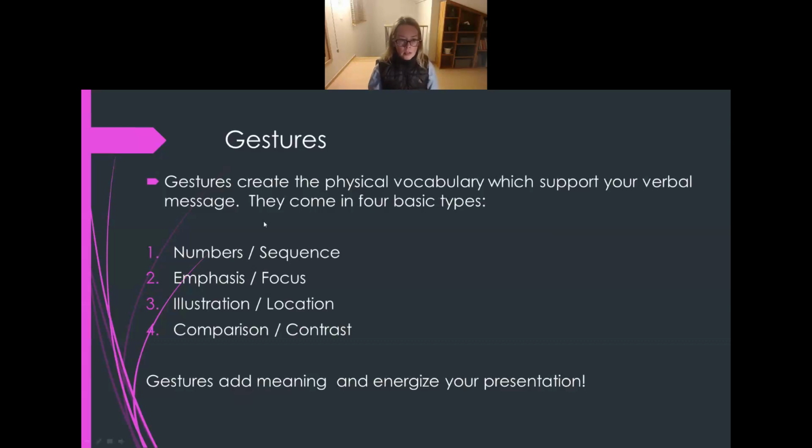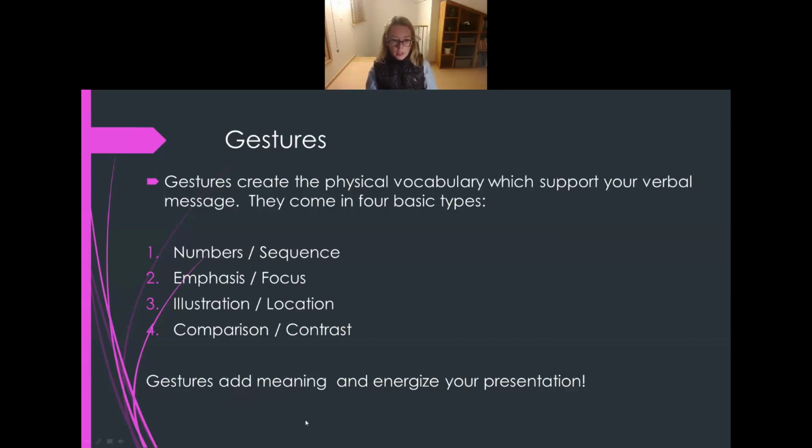Number 2 type of gesture is for emphasis or focus, like pointing something out. You're emphasizing something. Number 3 is illustration or location. If you want to illustrate something like this, or show, okay, go this way, walk that way, those are gestures of illustration or location.